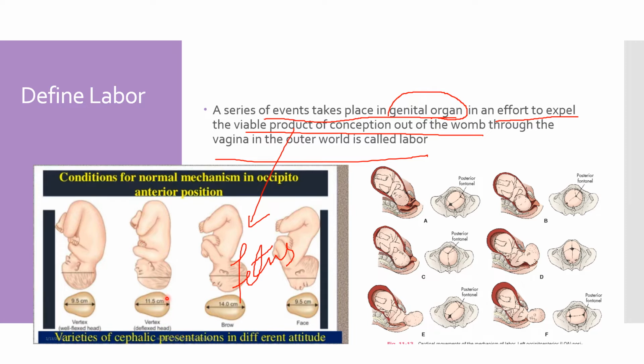Here also the head is partially flexed, but it is also a vertex presentation. Here is the brow presentation, where the head is slightly extended. Here the head is fully extended, so it is a face presentation. Based on this attitude, the presentations vary.